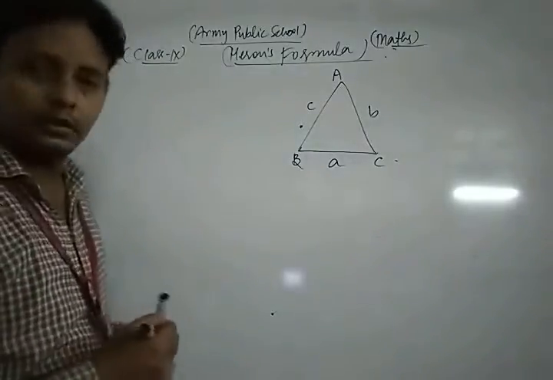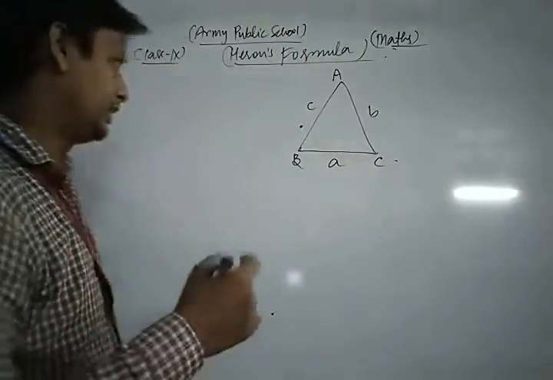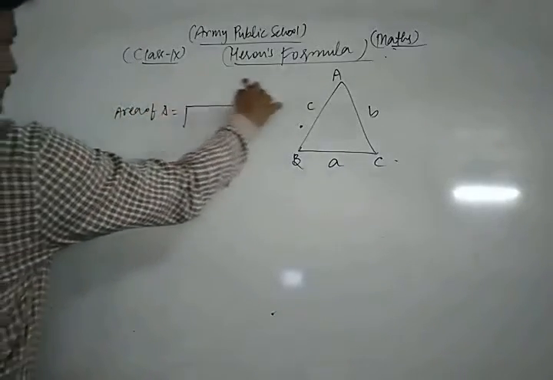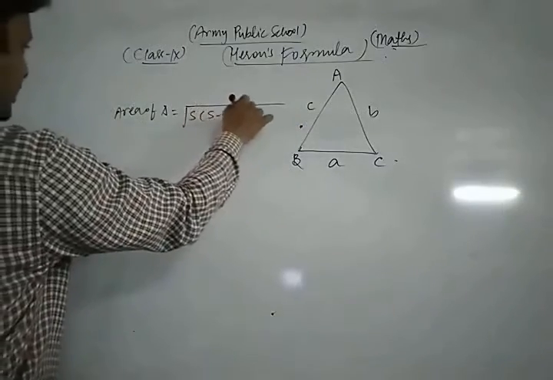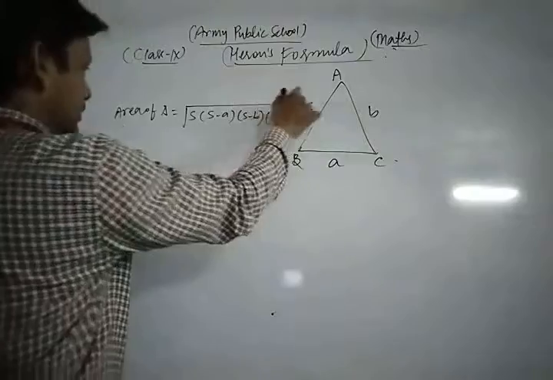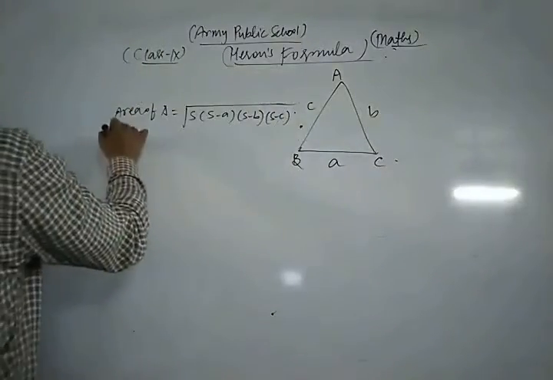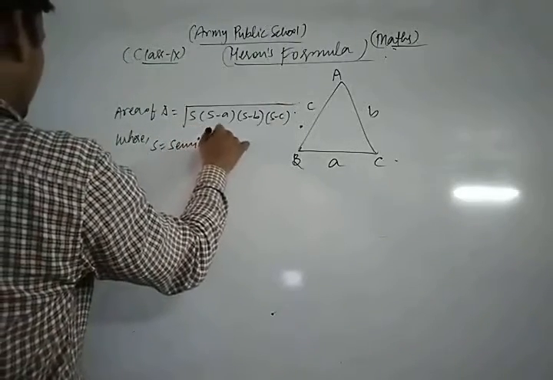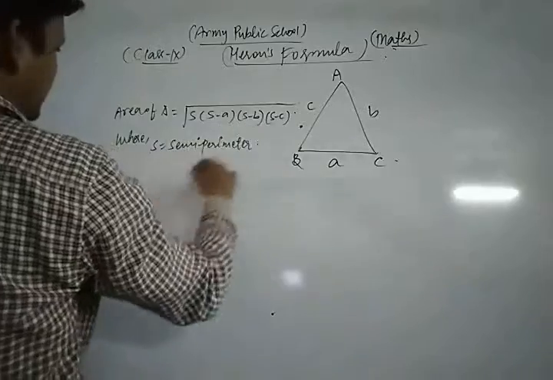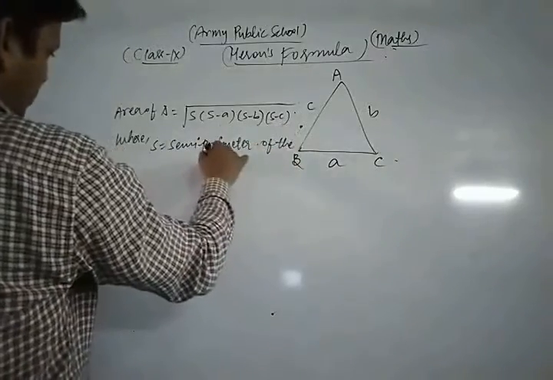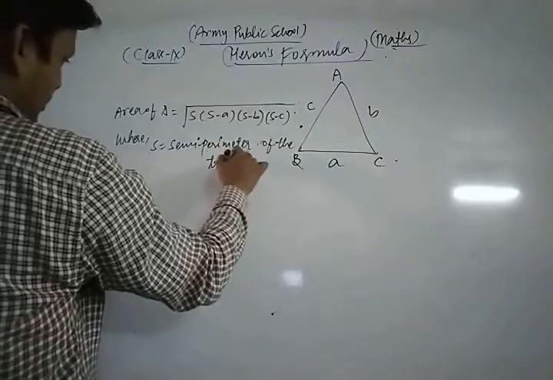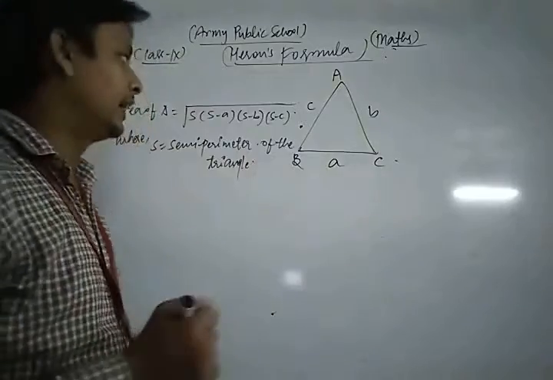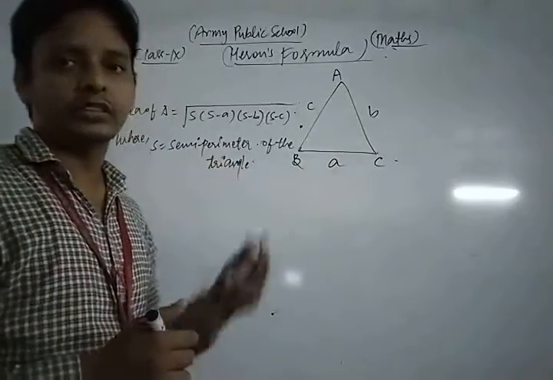Then Heron's formula gives the area of the triangle as the square root of S into S minus A into S minus B into S minus C, where S is the semi-perimeter of the triangle, and A, B and C are its three sides.